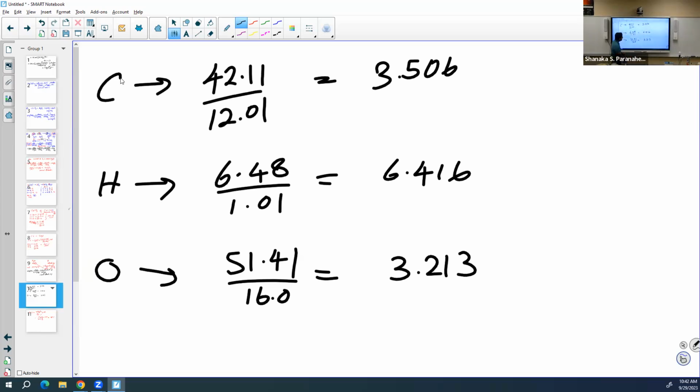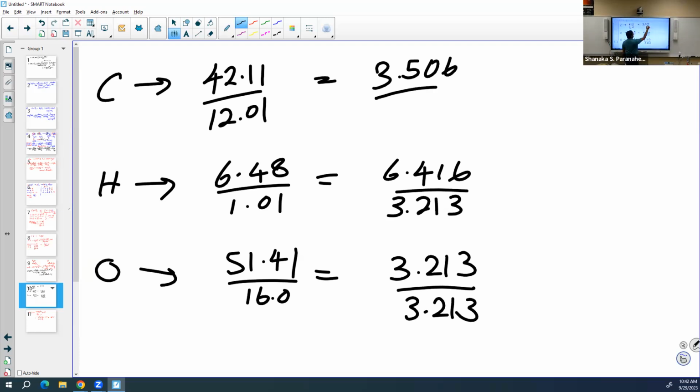Now we are going to identify the lowest. 3.213 is the lowest, so we divide all by the lowest. This is equal to 1. This is equal to 2. And this is like 1.09.